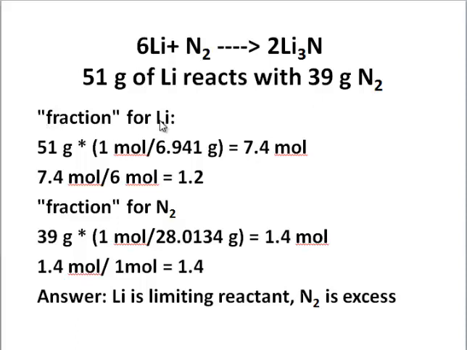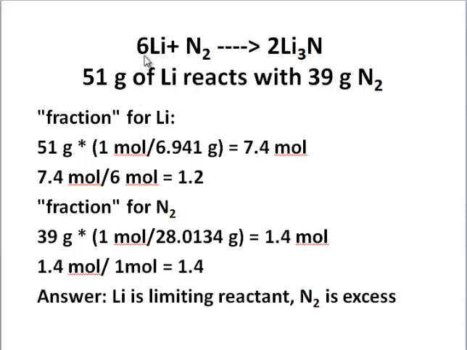All right, the fraction for lithium is found first by taking 51 grams and converting to moles. There are 7.4 moles of lithium. Then we divide by the stoichiometric coefficient from the balanced equation, which is 6.